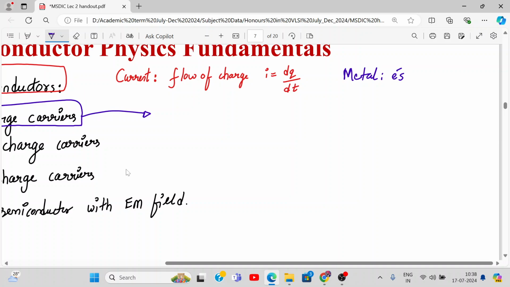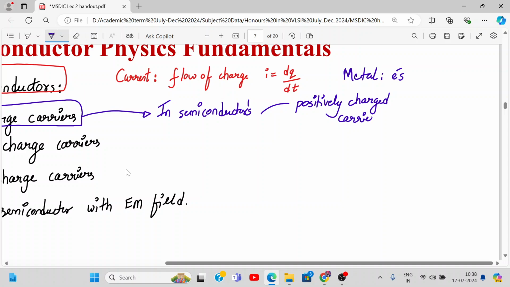Polarity of the charge carriers means in semiconductors, we have both the charge carriers, positive and negative. What are positively charged carriers called? Anyone? Holes. Yes. And negatively charged carriers are?